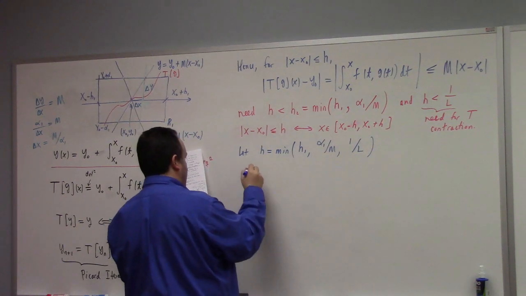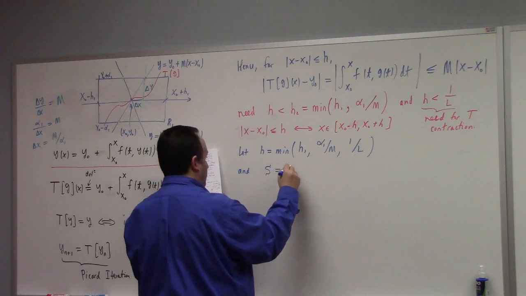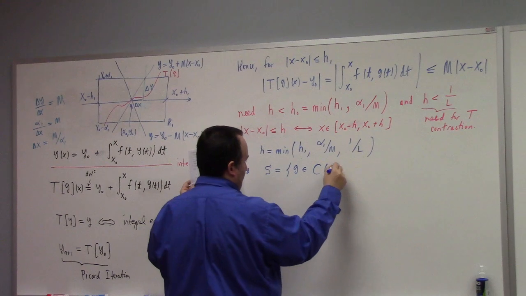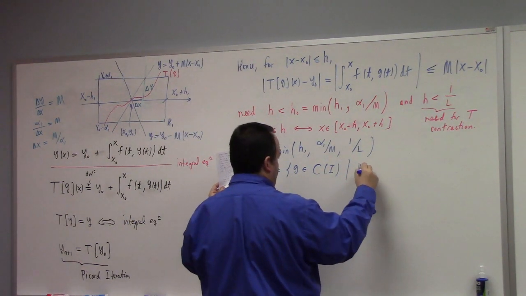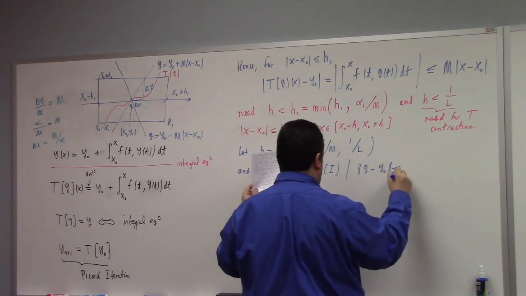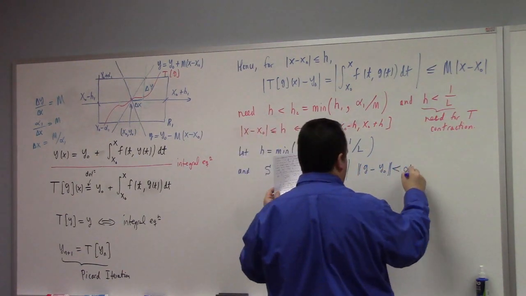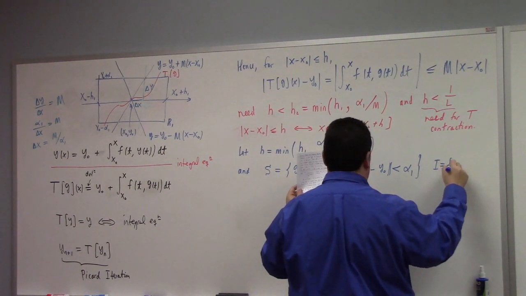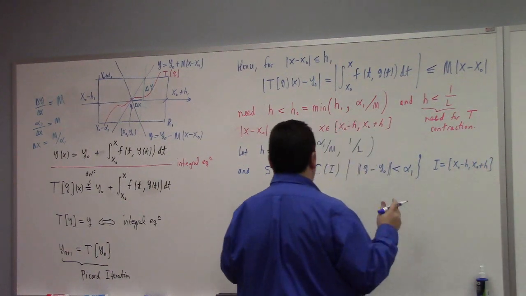And then we're also going to let S equal the set of G in continuous functions on the interval I, such that the norm of G minus Y naught is less than alpha. We could just say alpha 1. And I is equal to [X naught minus H, X naught plus H]. Okay, so finally, there it is.